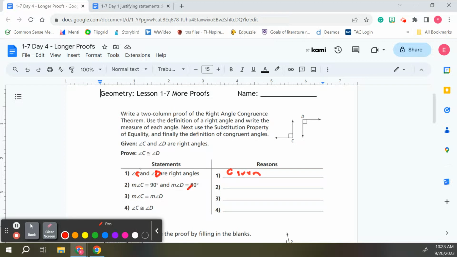Now, because of that, the measure of angle C and the measure of angle D equal 90. Why do these equal 90 degrees? Because they're right angles. So we would just say that this is the definition of right angles.